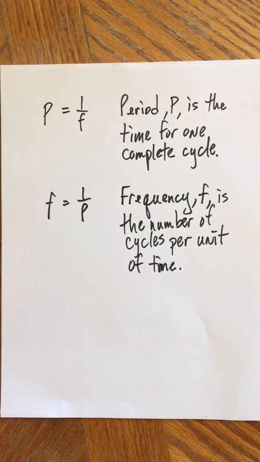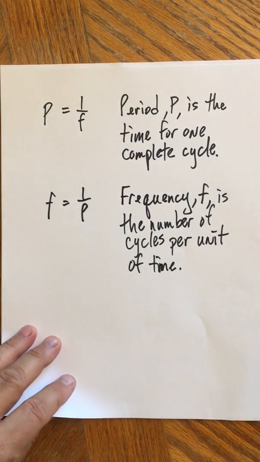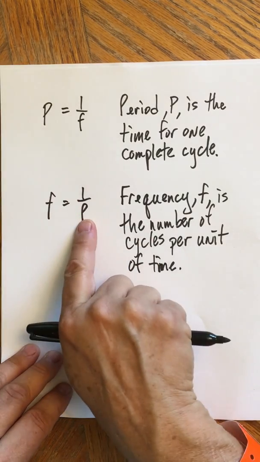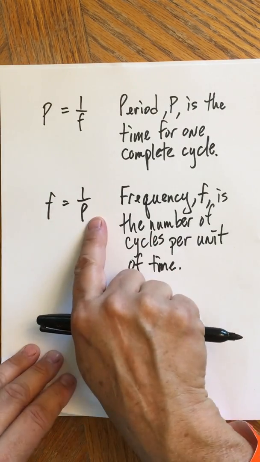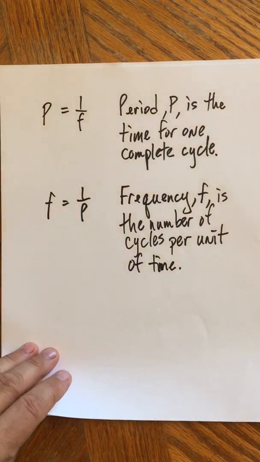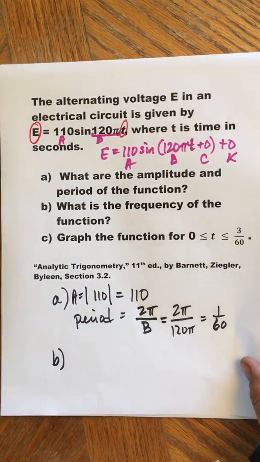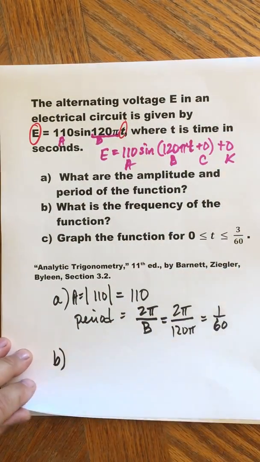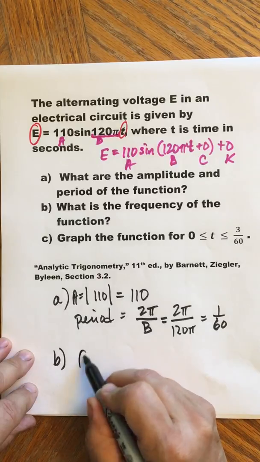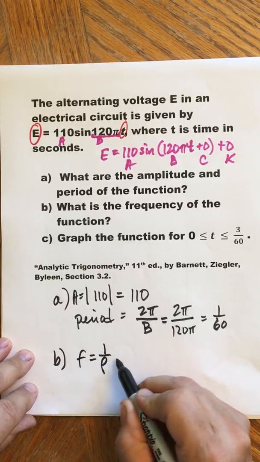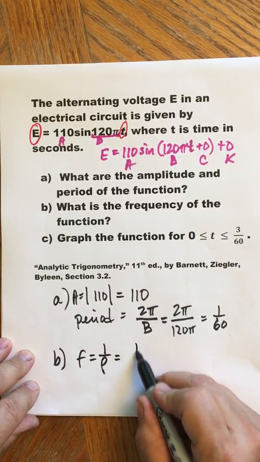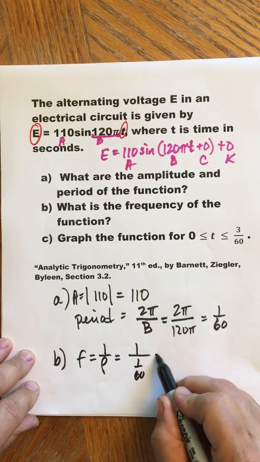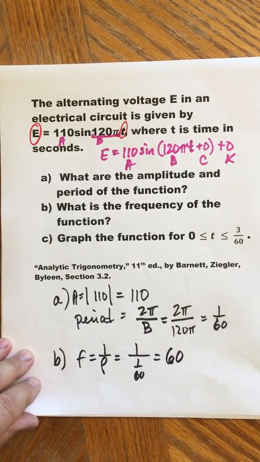So how many cycles would we see in 1 second? We've already found the period, so the frequency is the reciprocal of the period. The frequency is 1 over P, in this case 1 over 1 over 60, so that's going to be 60.